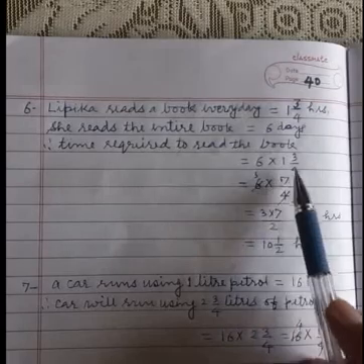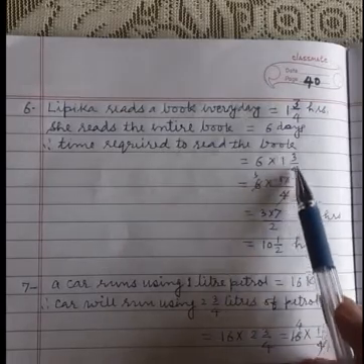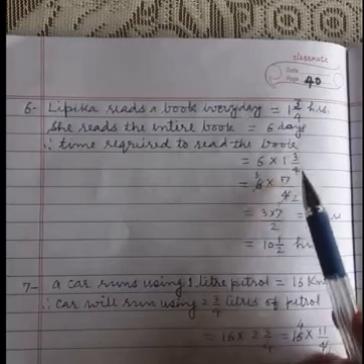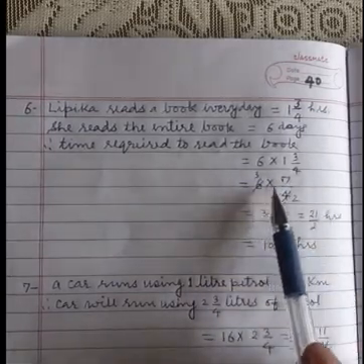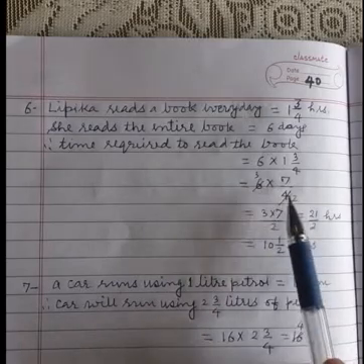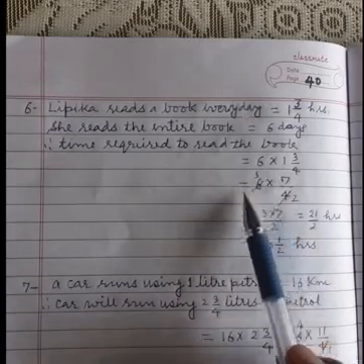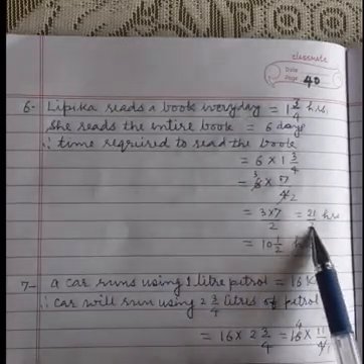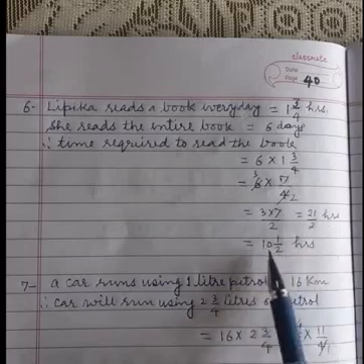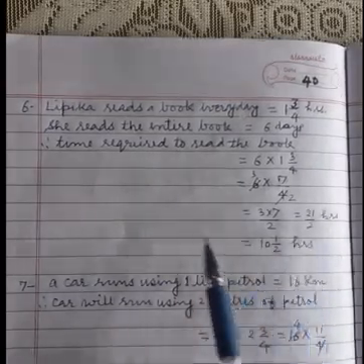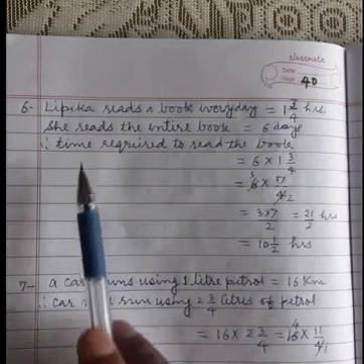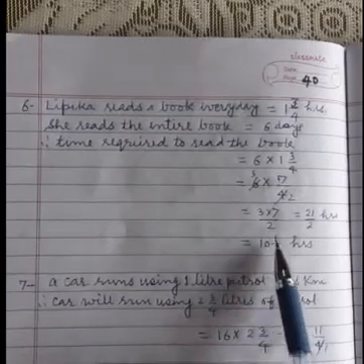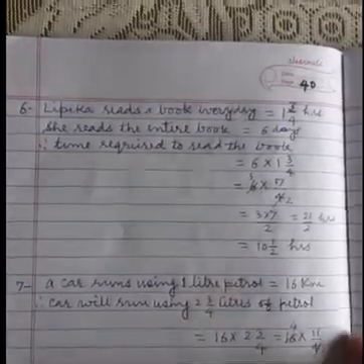Now if we convert this mixed fraction into improper fraction, then it will become 4 1s are 4, 4 plus 3, 7 upon 4. Now this 6 and 4 can be cancelled by 2, 2 4s are 8... 2 2s are 4 and 2 3s are 6. So it will become 3 into 7 upon 2, that is 21 upon 2, and this is 10 whole 1 upon 2 hours. So Lipika will read this whole book in 10 whole 1 upon 2 hours.